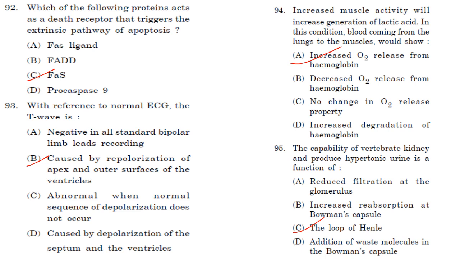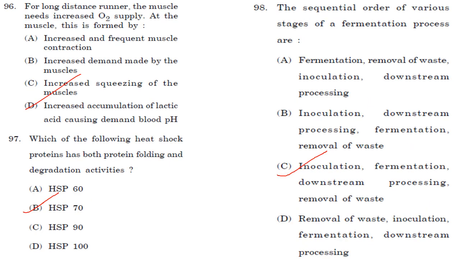Then next one. The capability of vertebrate kidney to produce hypertonic urine is a function of the loop of Henle. Then, for long distance runner, the muscle needs increased oxygen supply.